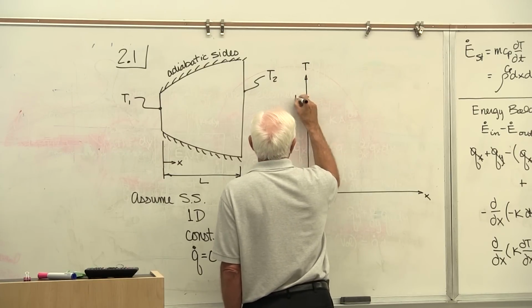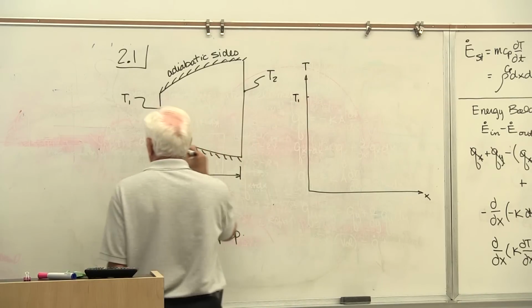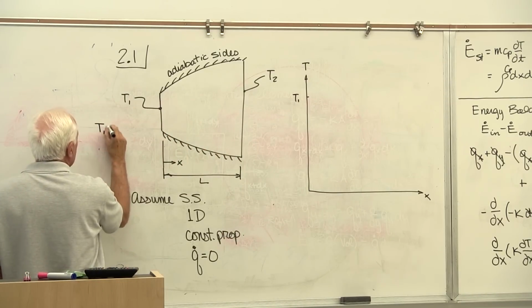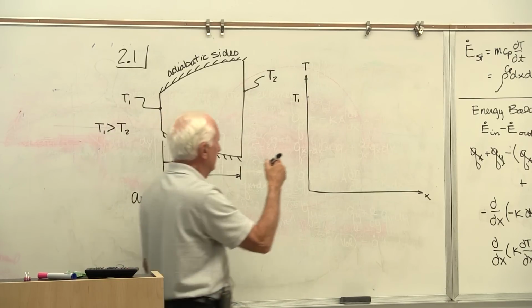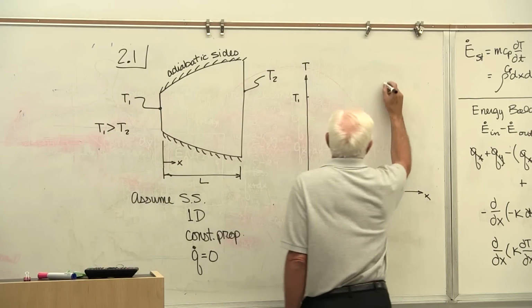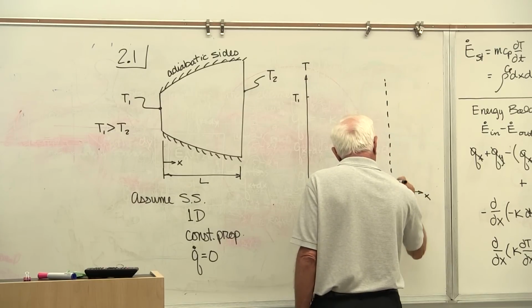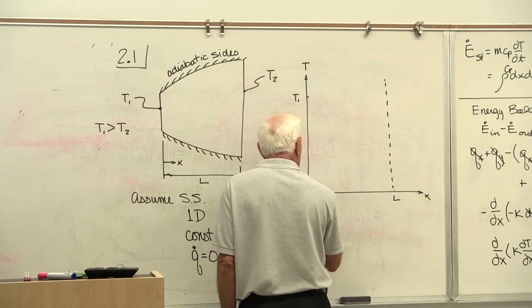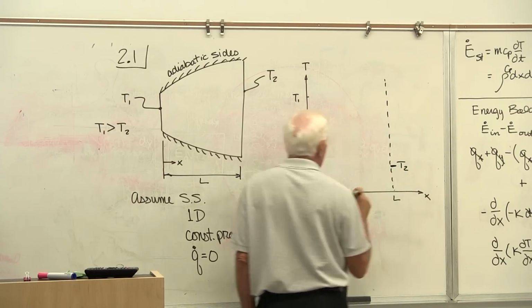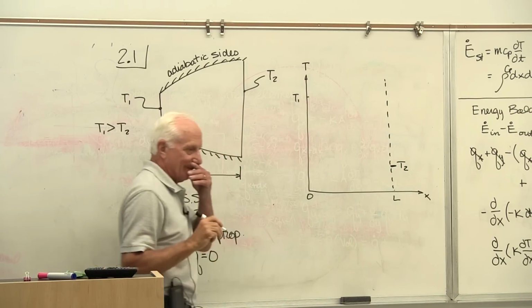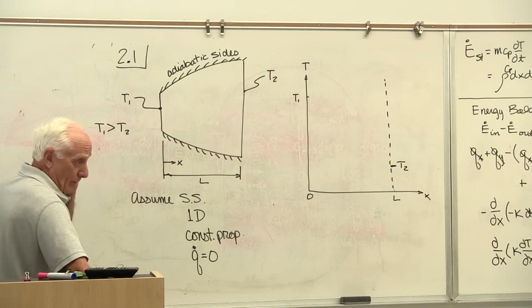He tells me, by the way, that T1 is greater than T2, so I know T1 is the hot side and T2 is the cold side. So, T1 at zero and T2 at L. Sketch the temperature profile.